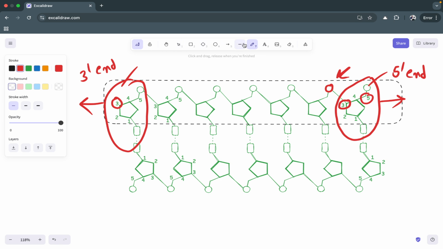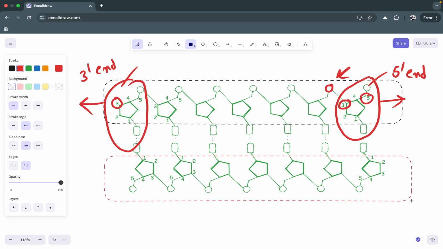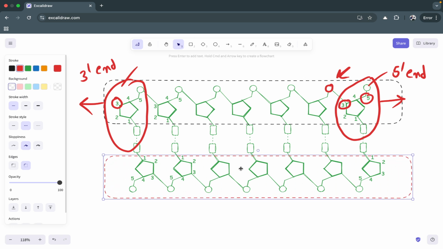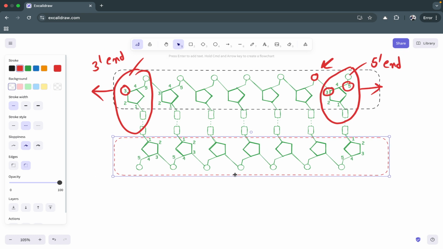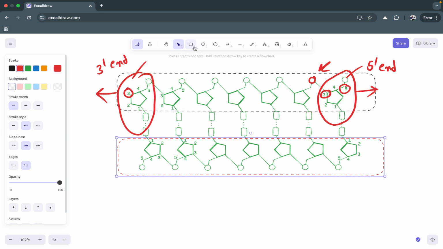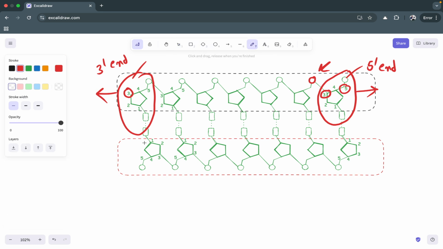Right. Now if I ask you, in this second strand, I want you to identify what name I should give to this particular end of my nucleotide series, and what name I should give to this end of this strand.